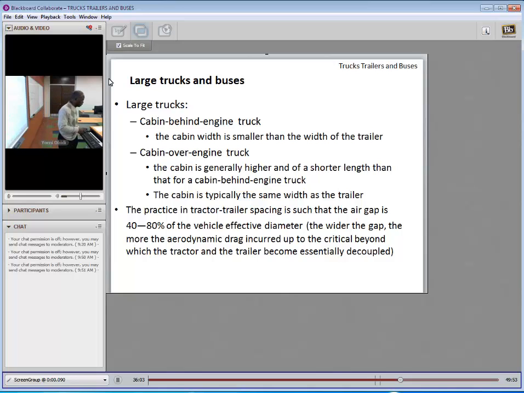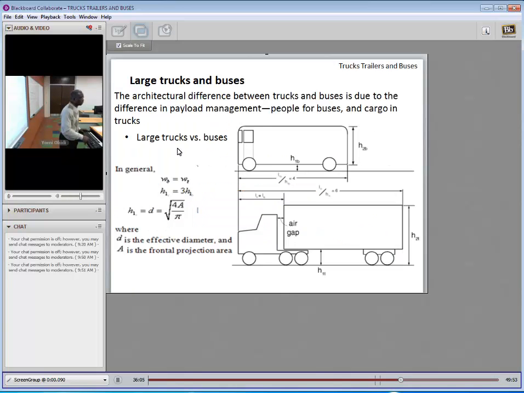What's the air gap? Well, this is the air gap. That's the air gap in tractor-trailer design.